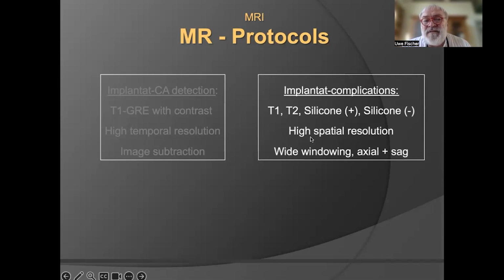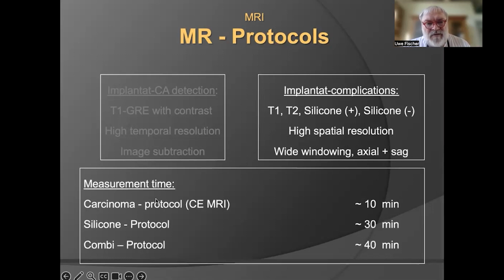That's very important, and we should use a wide windowing to get information about the content within the implant where we have the silicon. Moreover, as we have all the time of the world, we can perform axial sequences as well as sagittal views.